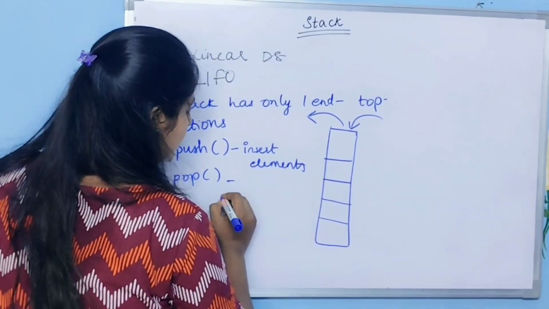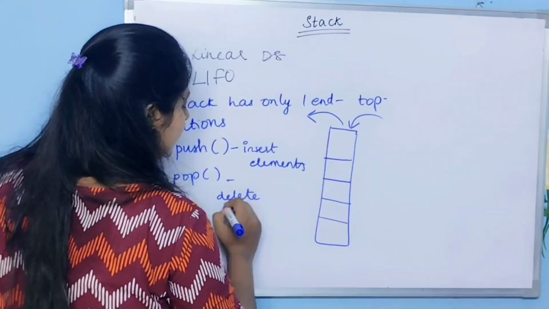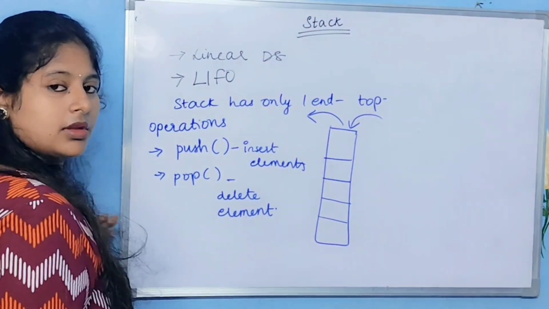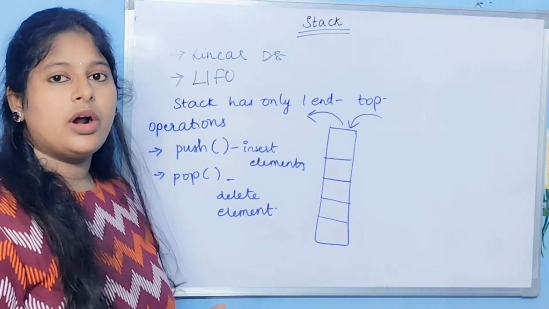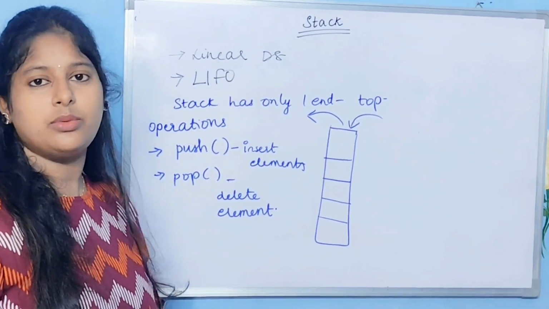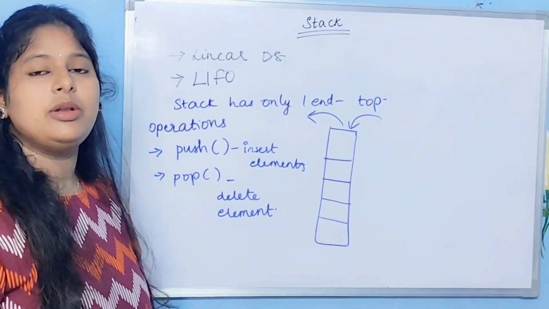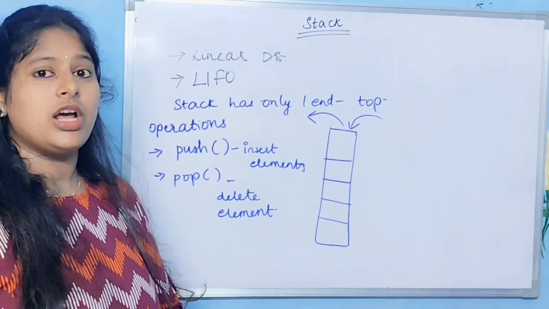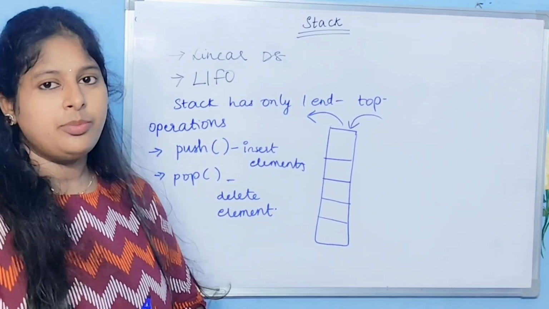Pop means delete elements from the stack. Right? So, what does the stack do? It has only one end, and only that one end will be used for insertion and deletion purpose. That insertion and deletion are called as push and pop.